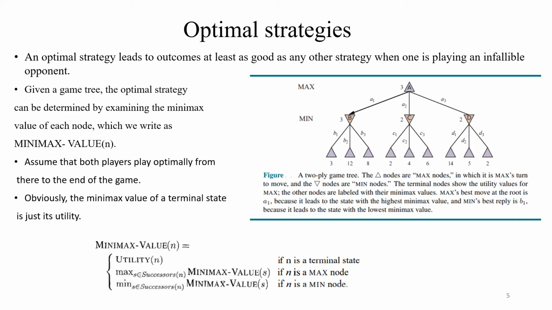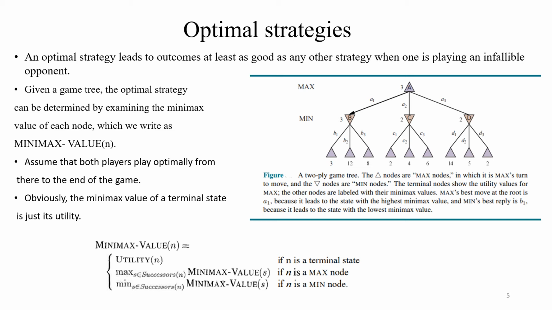This particular game ends after one move each by max and min. The utility of terminal states in the game ranges from 2 to 14. The terminal nodes on the bottom level are already labeled with their utility values.